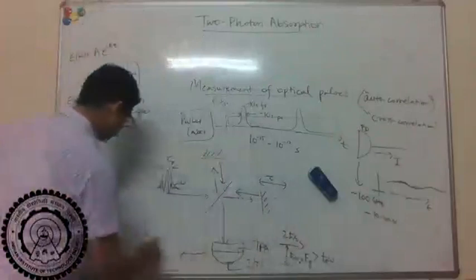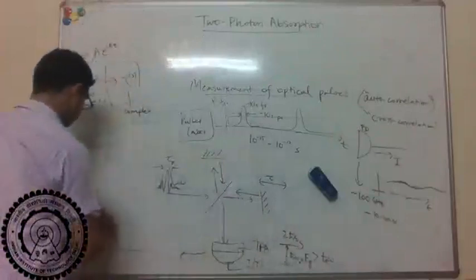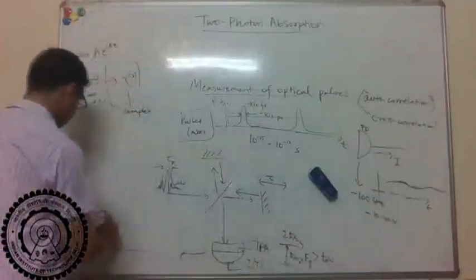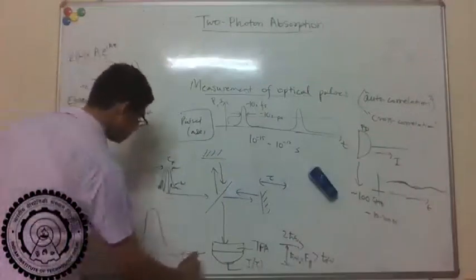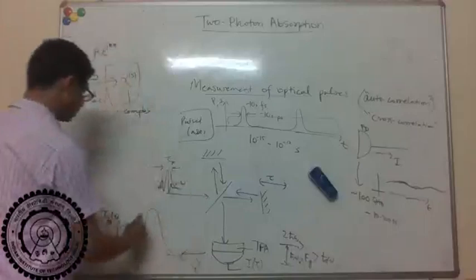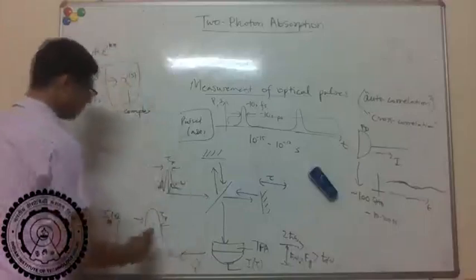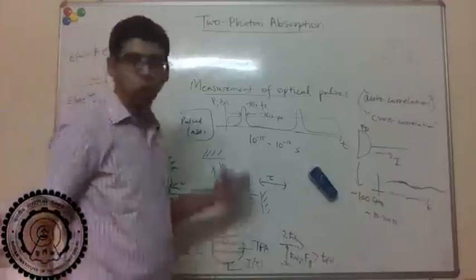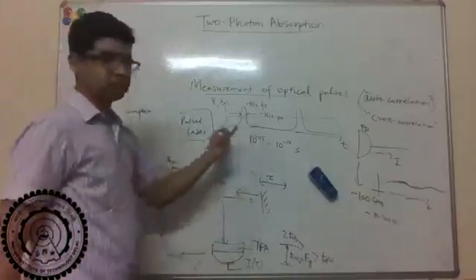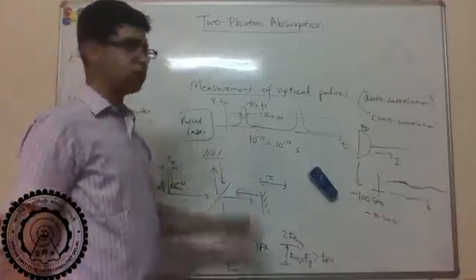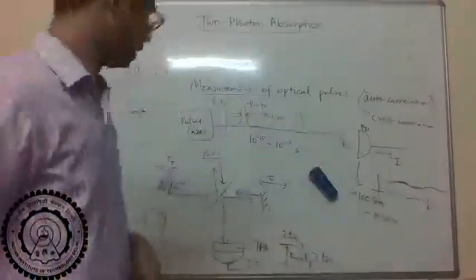When you plot the photodetector current as a function of the delay, you will see that you sort of recreate the optical pulse, even though my photodetector is slow. This tau p is, let's say, sub picosecond, while my photodetector only responds in, let's say, a nanosecond or something.